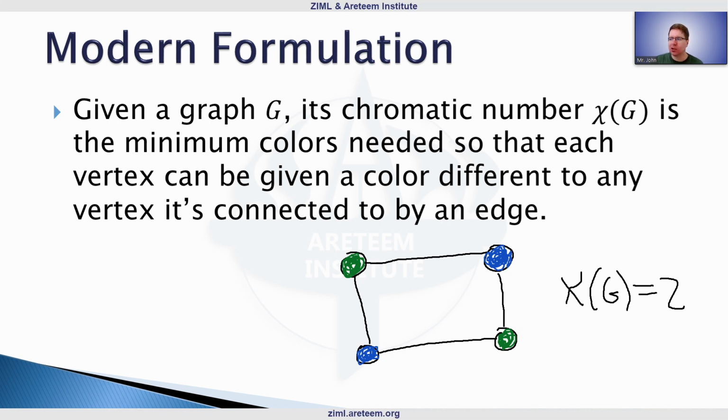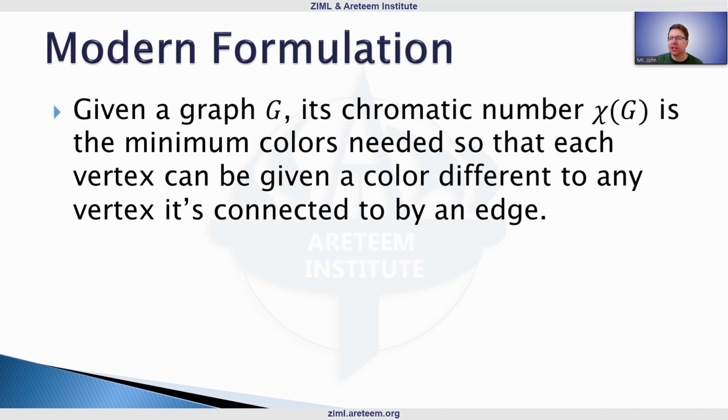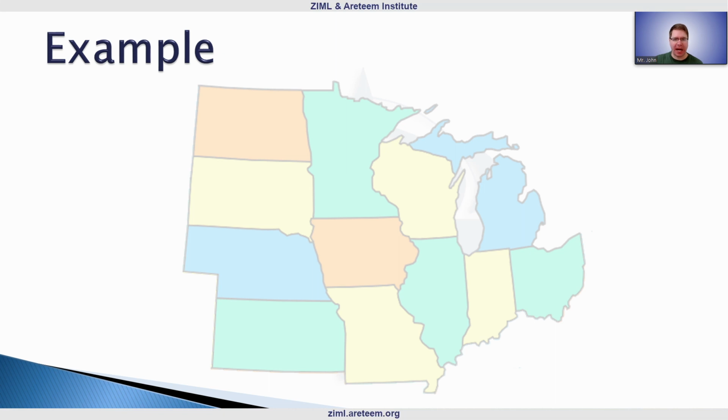Now, let's look at an example of why maps can be thought of as these planar graphs. So let's go back to our states, and say, how could we turn a map into this graph? Well, first of all, let me draw vertices for each state. I'm going to use orange and red, so it shows up a little bit different here.